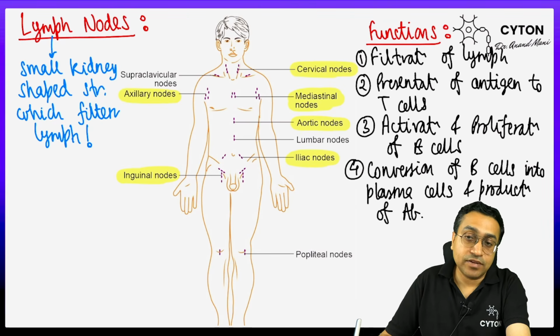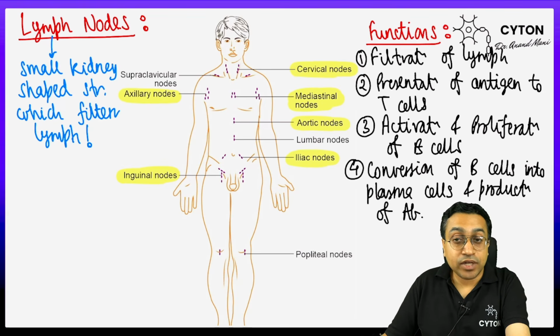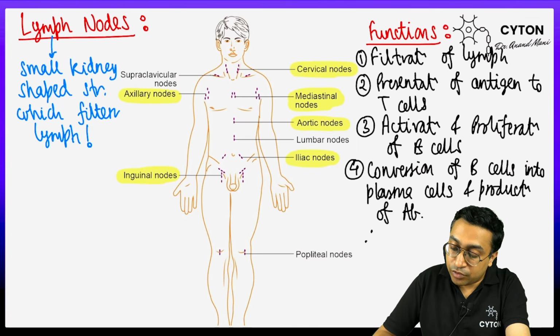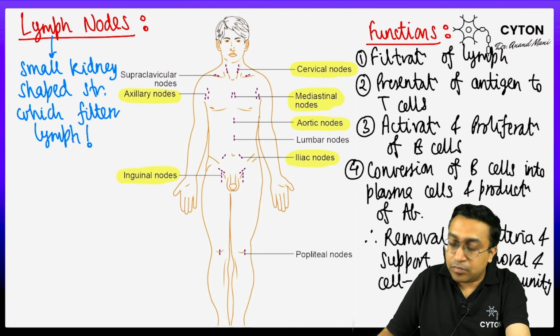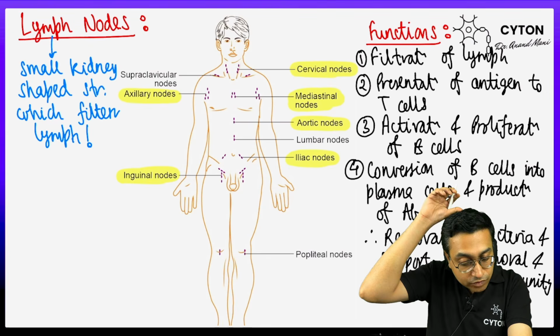So thus I can say removal of the bacteria and support of the humoral or cell mediated immunity. These are the major functions of the lymph nodes. Therefore, removal of bacteria, very important, and support for humoral and cell mediated immunity. These are the major functions of the lymph nodes.